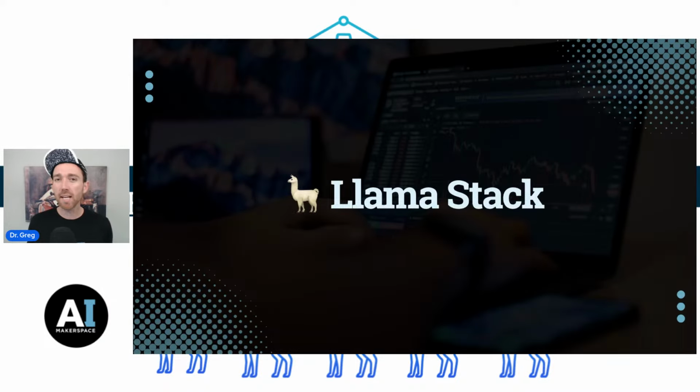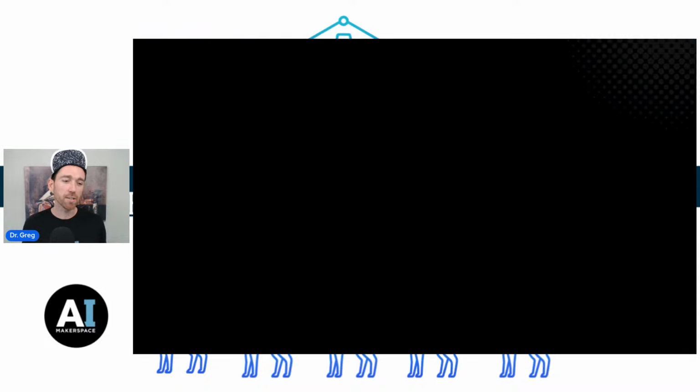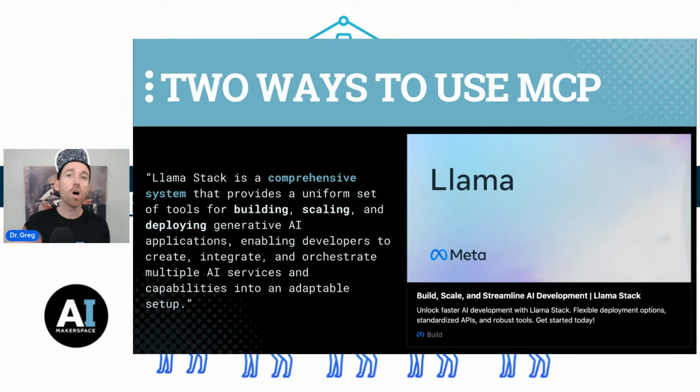So Llama Stack is not actually particularly new, although it's an ongoing project that Meta has continued to work on and continued to put out great content over the last couple of years. It hasn't gotten a lot of buzz.